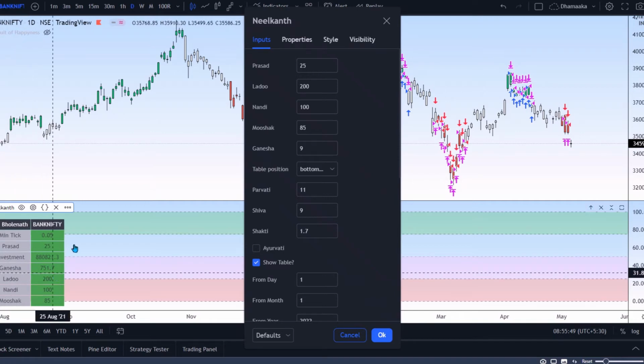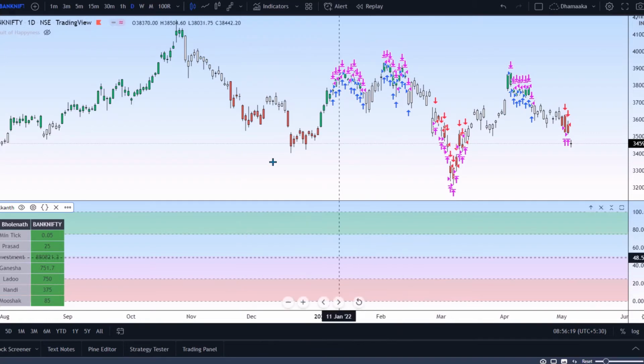So here we will provide 750 laddus for Lord Ganesha, half of which will go to the Nandi bull, Vahan of Lord Shiva, and around 80% of this we can give to Mushak, which is the Vahan of Ganapati Bhagwan, and we'll say OK and go to 5 minutes intraday.